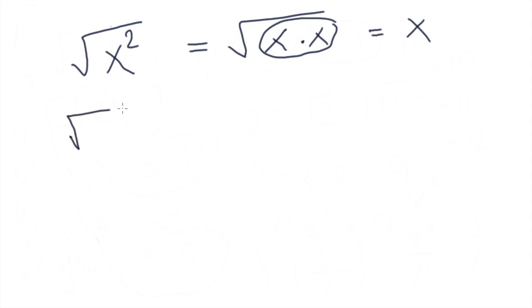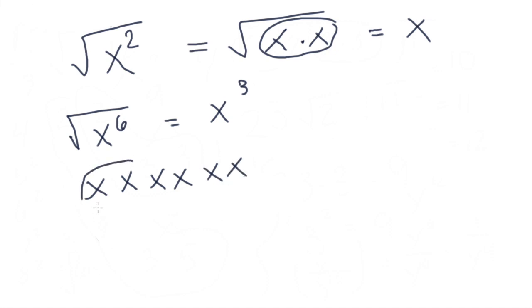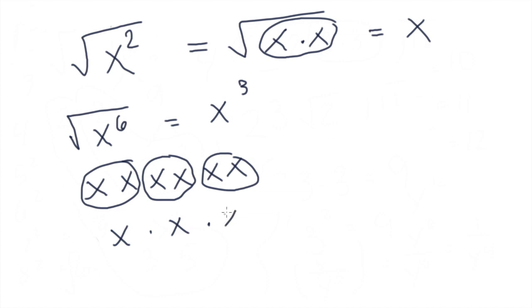For example, if I have the square root of x to the 6th, if I divide 6 by 2, that tells me I'm going to take out an x to the 3rd, which we can prove by if I draw out all of my x's in that square root, and I circle my pairs, 1, 2, 3, I'm taking out an x times x times x, which equals x to the 3rd. Let's do some practice with these.